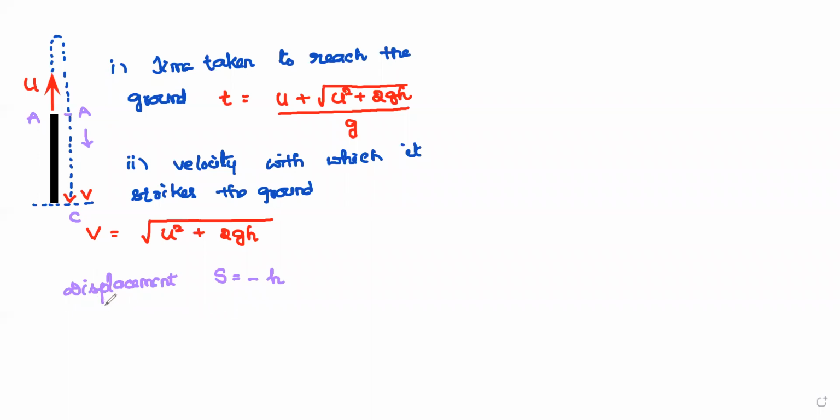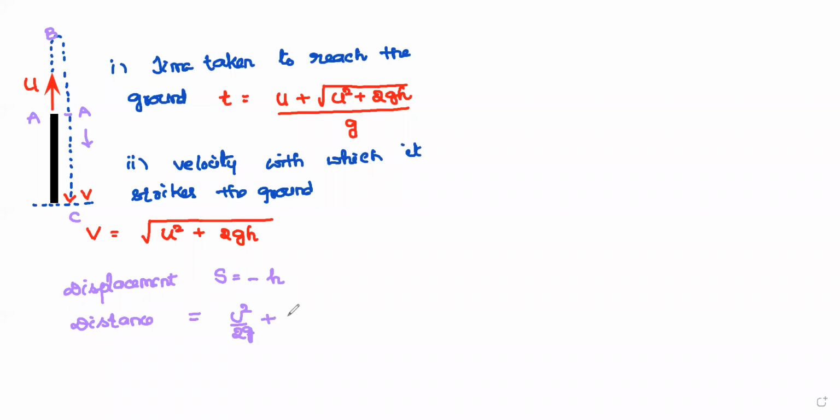Good. And distance, anyone remember? Distance is equals to A to B plus B to C. Yesterday we did. A to B is the maximum height, u square by 2g.